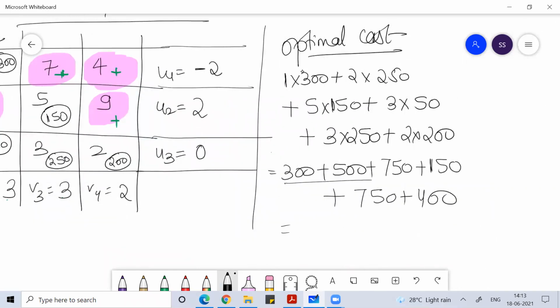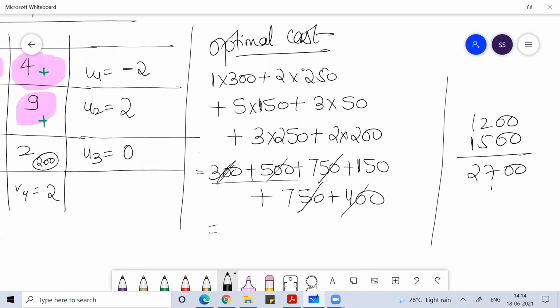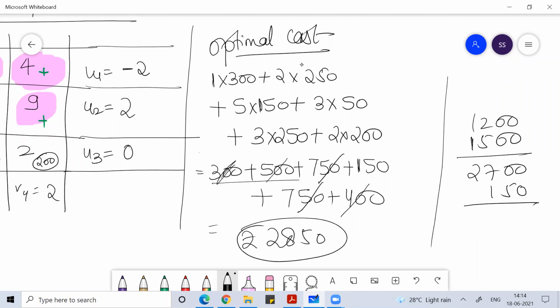This is 800, 800 plus 400, 1200. 1200 plus 1500 is 2700, plus 150. This you'll get 2850. That is your optimal cost.